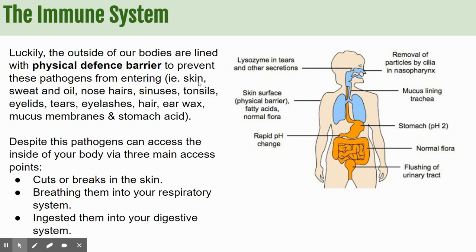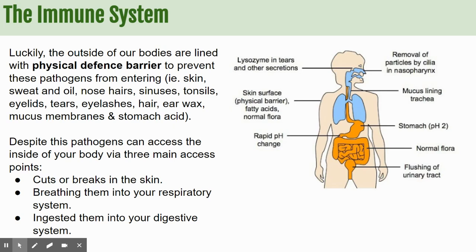Otherwise, everything would go right through our skin, but it's a very strong barrier. We have sweat and oil that keeps things off. Nose hairs help catch particles that are going into our airways. The sinuses, tonsils, eyelids, closing the tears, keep things out, eyelashes, hair, earwax, mucous membranes, stomach acid.